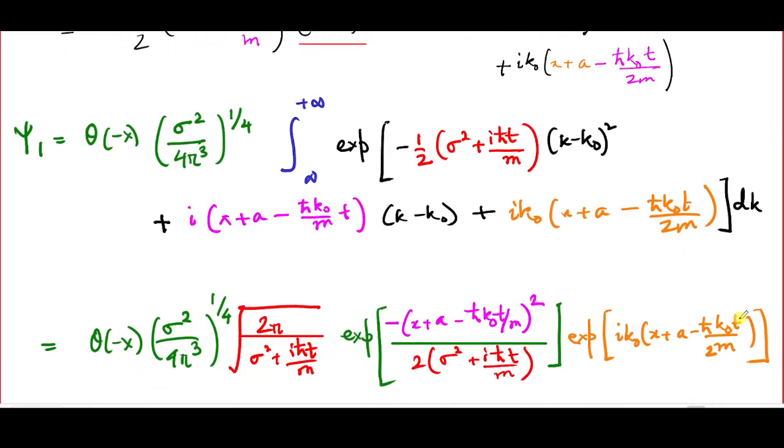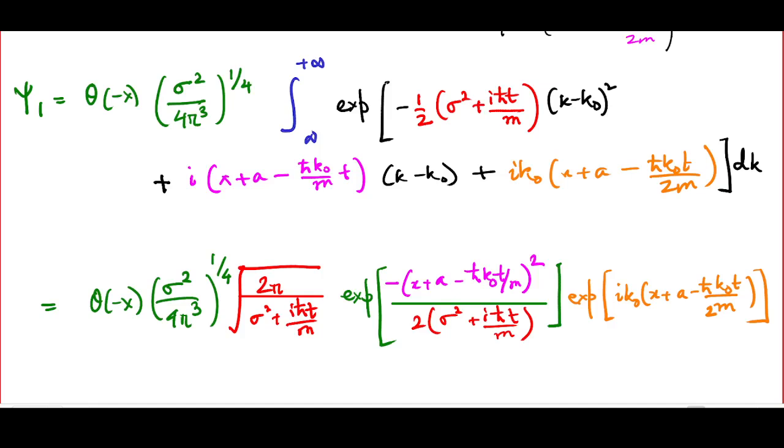And this is something you can explicitly calculate. Root over pi by a is root over 2 pi by sigma square plus ih cross t by m. It is a minus b square by twice a by 4a actually becomes this, and this is e to the power c. So this is my first integral.